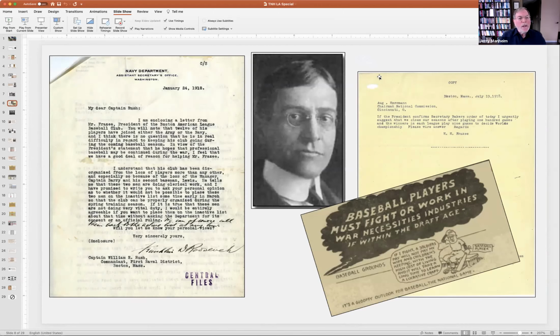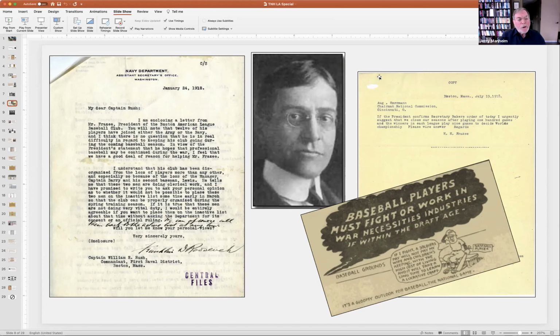The letter on the left here is from Franklin Roosevelt when he was Assistant Secretary of the Navy to the Commandant of the 1st Naval District. And he had just heard from Harry Frazee, who had told him that he'd already lost a dozen players to the military and he was going to have a hard time putting a team on the field in 1918.